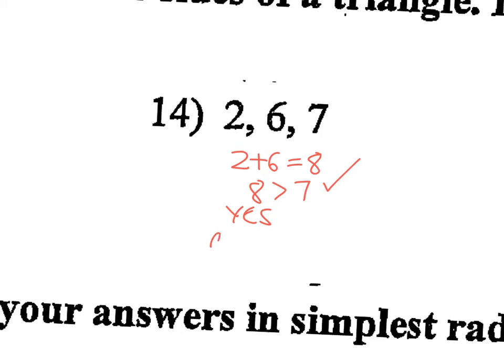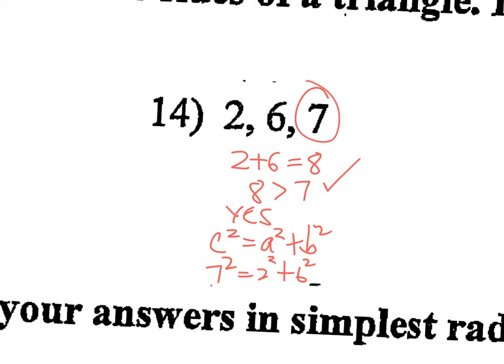Okay, so using the Pythagorean theorem, c squared equals a squared plus b squared. So the largest side there would potentially be our hypotenuse. So if we plug that in, 7 squared is 2 squared plus 6 squared. We'll get 49 equals 4 plus 36.